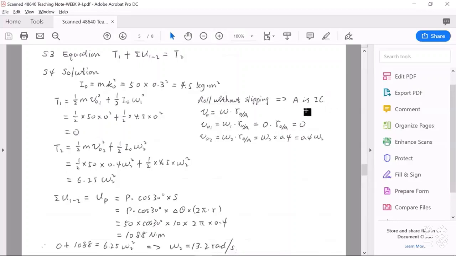So we can easily get the relationship between V_O and omega. V_O2 is equal to omega-2 times the distance from O to A, so V_O2 is equal to 0.4 omega. Substitute this into this equation, and finally we have only one unknown, omega-2, and this is T2.